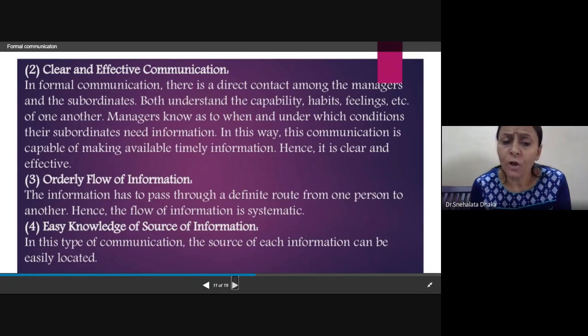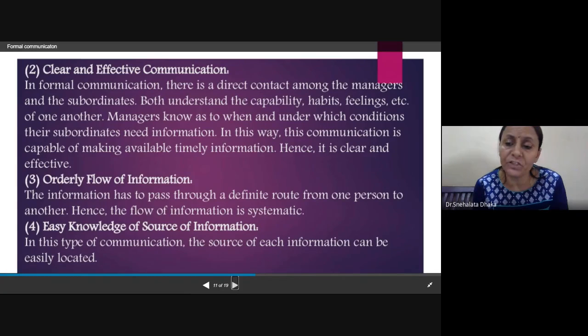And further, organization. Suppose I have to teach you formal communication in English. Then I should have that competency to arrange the information in a particular order, so that you can understand that information. Suppose we are discussing formal communication. First we have to start with the definition: what is formal communication?